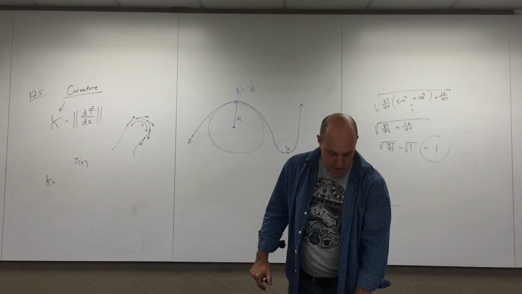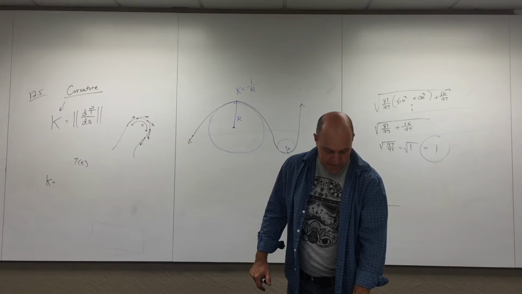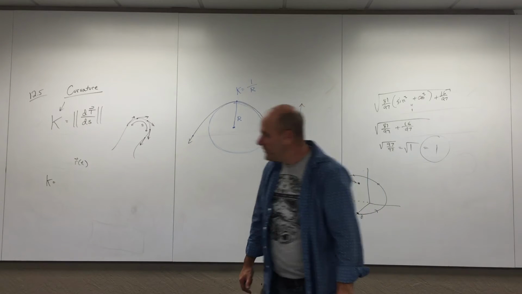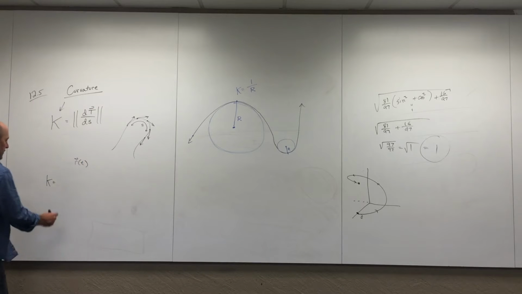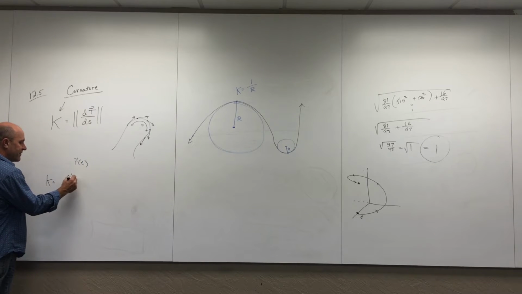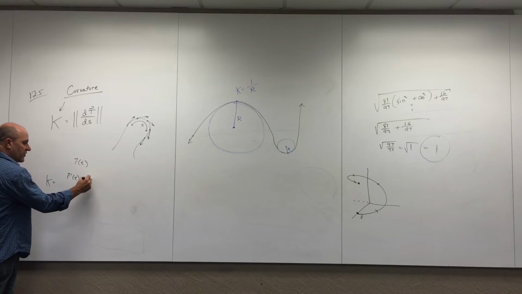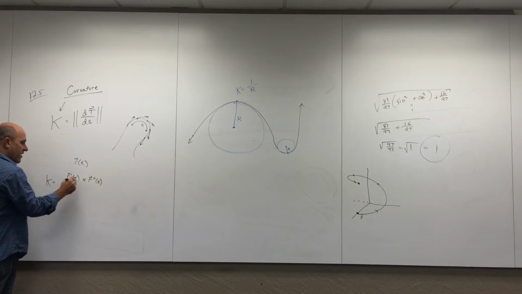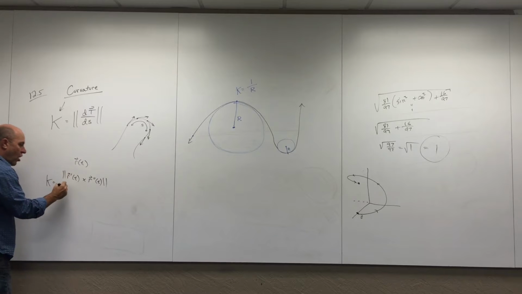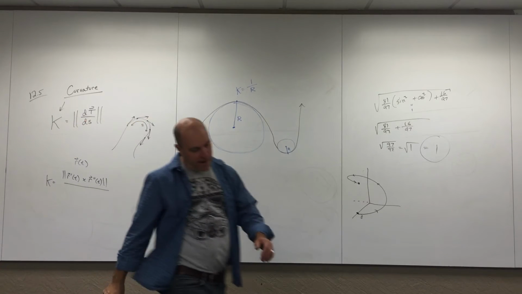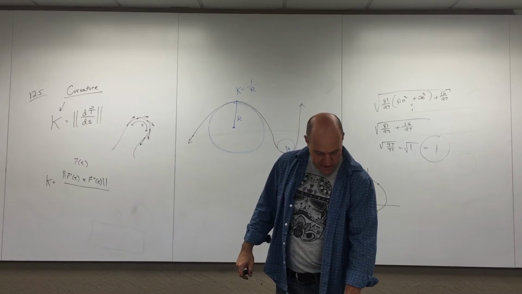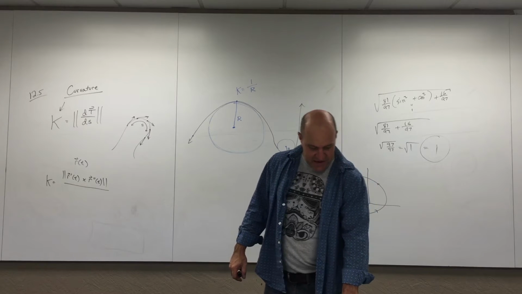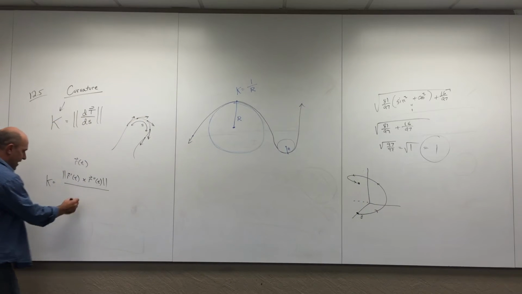and if I'm given an r prime of t, this is it. This is the formula for curvature. If I'm given an r of t, it's the magnitude of r prime of t cross r double prime of t, all over the magnitude of r prime of t, cubed. This is why I want to give you these formulas and not make you memorize them.